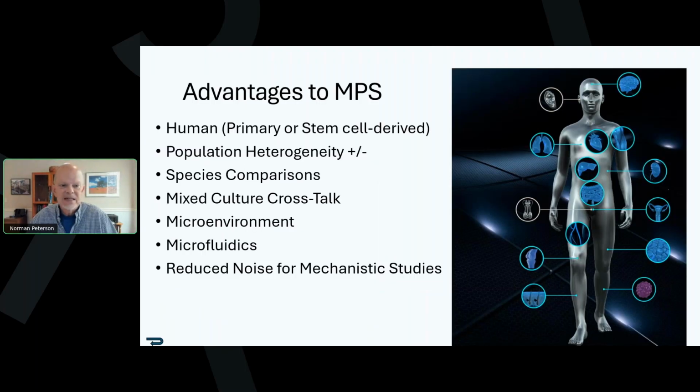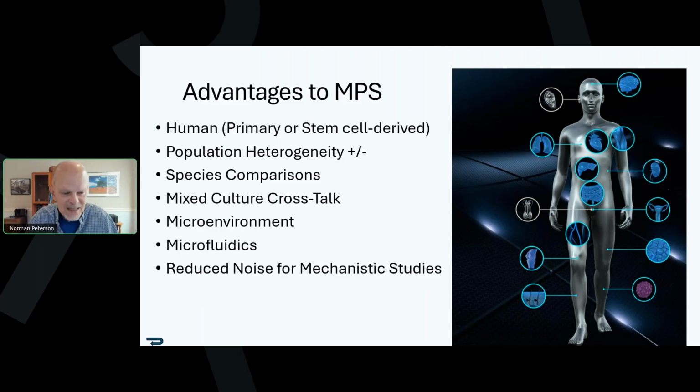So then to summarize, let's look at what are the advantages of the MPS system. I think one of the greatest advantages is they're human cells. When we use animal models, of course, they're not human cells. And there are some differences in the physiology and the way that we metabolize drugs. And so with the MPS systems, you can use human cells.